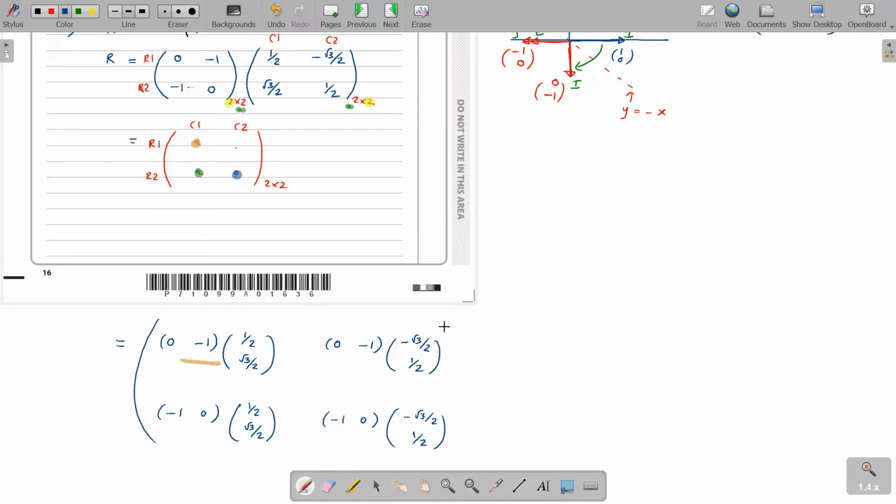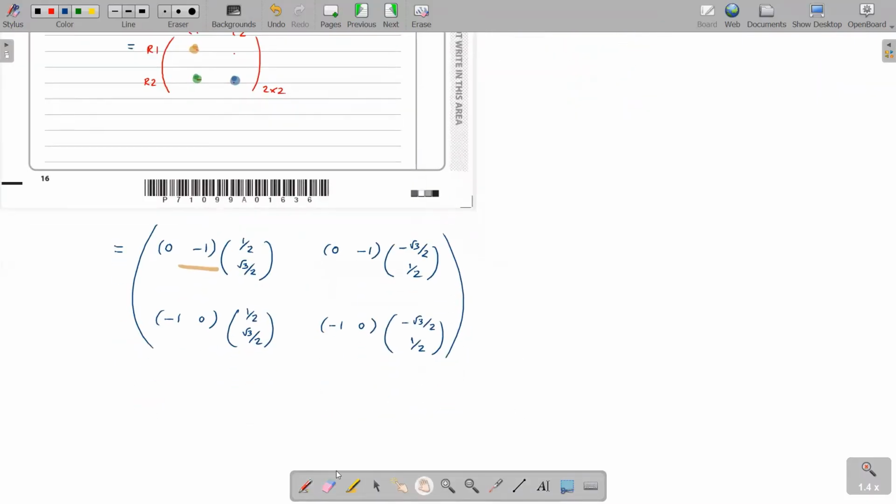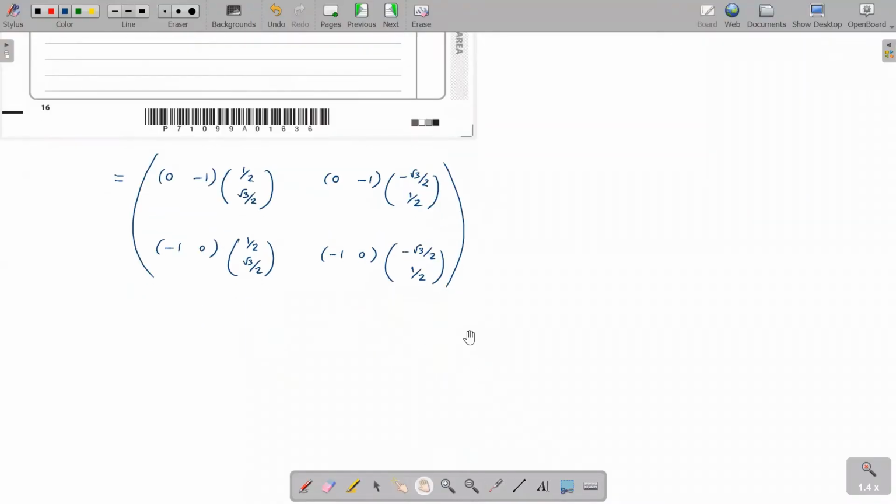Shall we multiply? You can write this answer immediately if you are good at multiplication. You don't need the extra step that I'm writing here. What do we get? 0 into 1/2 is 0. Minus 1 into √3/2 is -√3/2, which means your first element is -√3/2. The second element: 0 into -√3/2 is 0, minus 1 into 1/2 is -1/2. So the second element is -1/2.